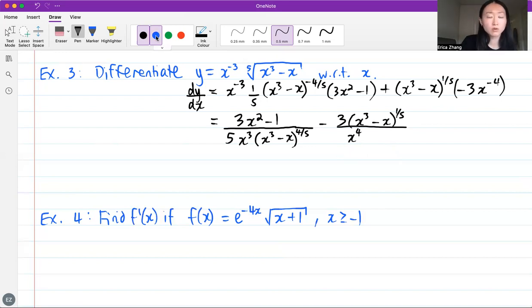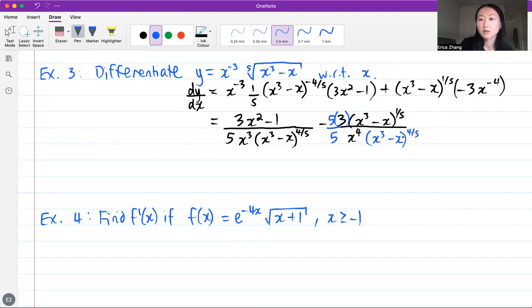So let's get this term on the right hand side under a common denominator so we can simplify. So we need a 5. Okay, so multiply the top and the bottom by 5. And then we need this (x cubed minus x) all raised to the power of 4/5.